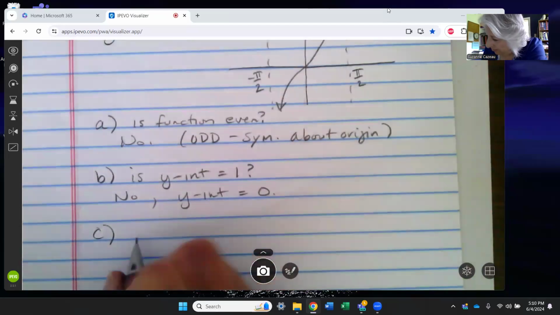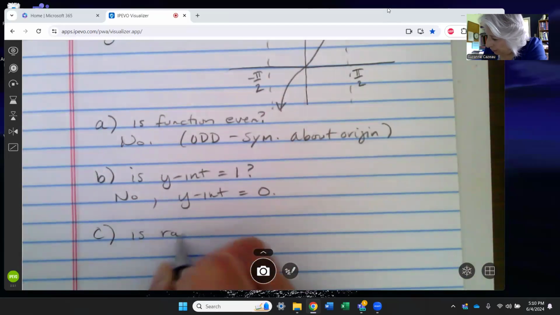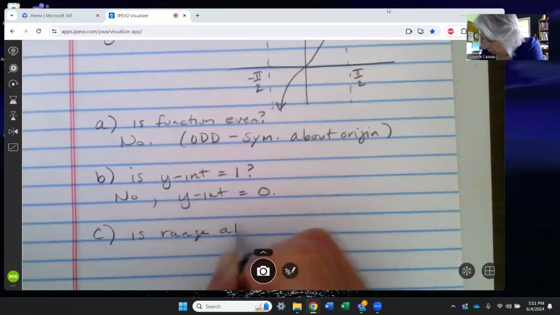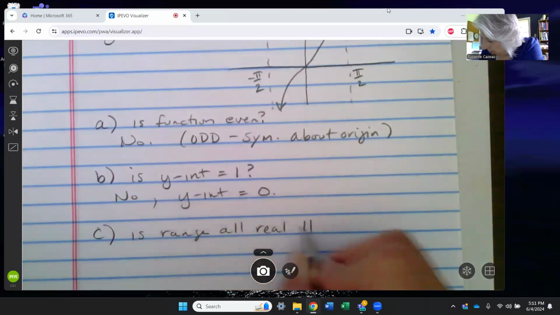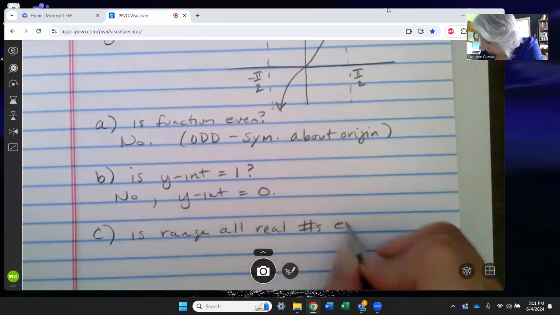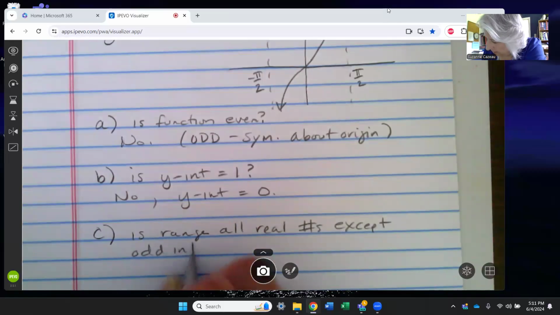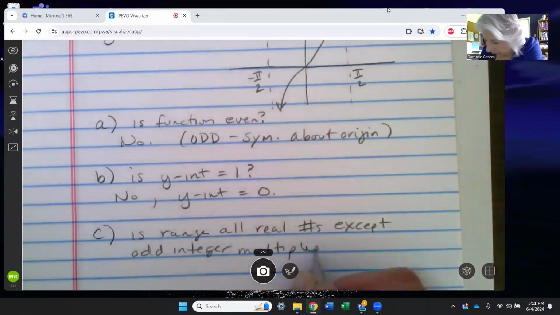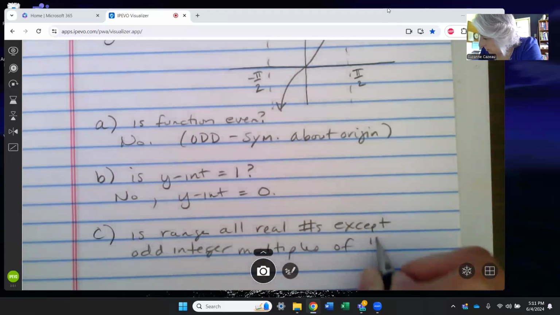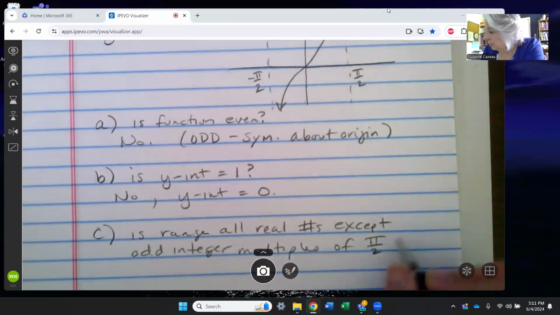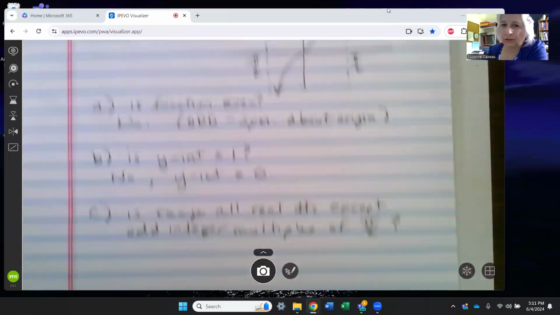So it says, is the range all real numbers except odd integer multiples of pi over 2? So they're trying to get you confused with the domain and range.